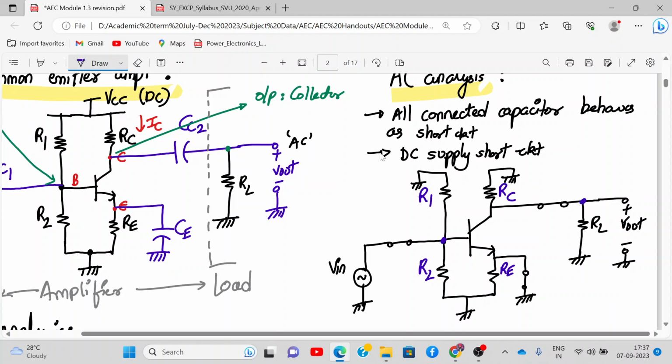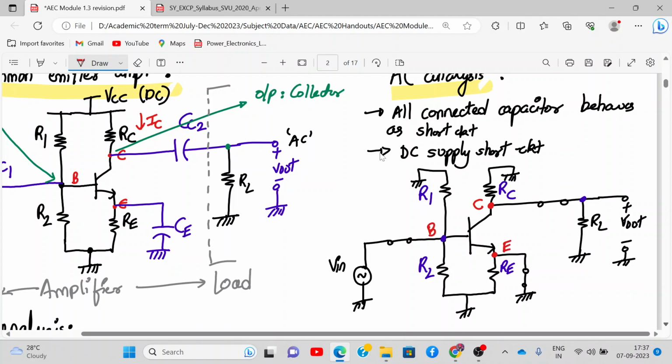All connected capacitors behave as short circuit, and the DC power supply is short circuited because it represents only small time varying quantities. Okay, everyone has reached here. So this is my collector, this is my base terminal, and this is my emitter terminal.